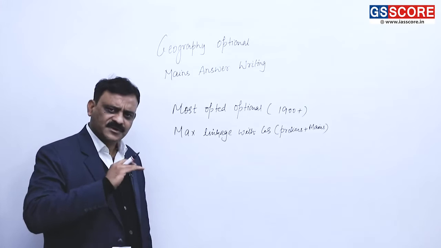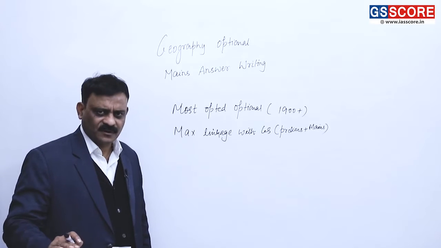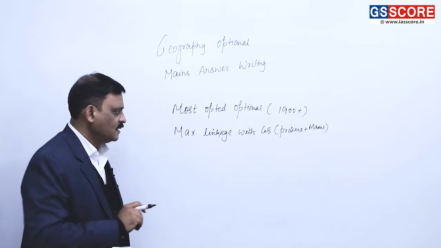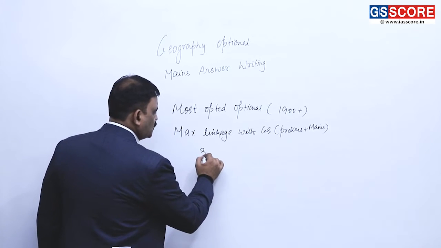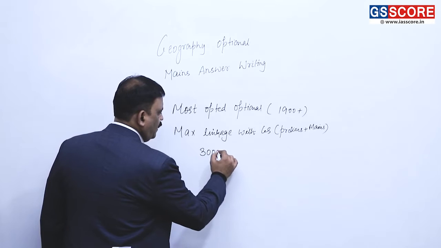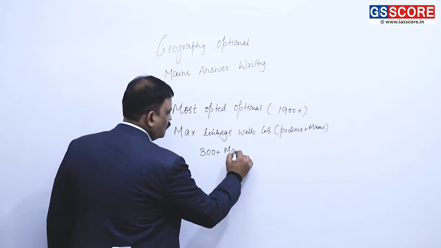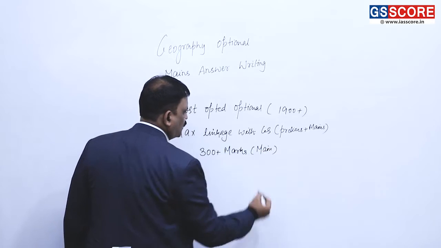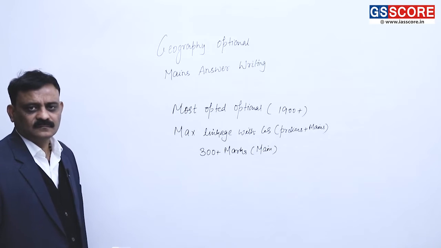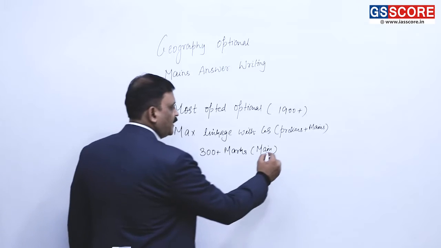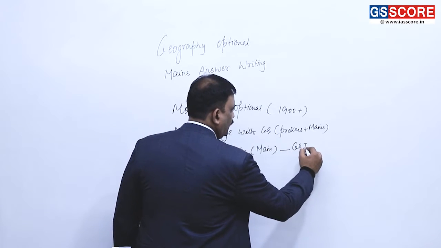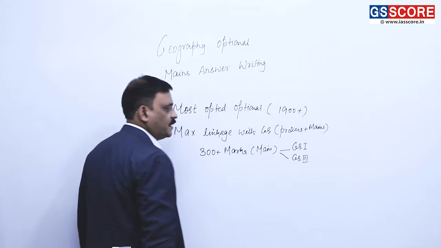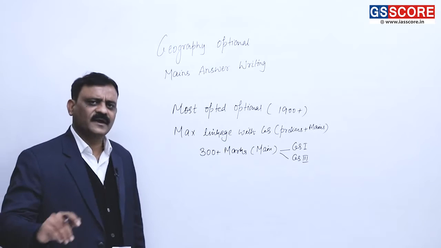Now, if I exclude the peripheral areas of geography and take only the core aspects of your general studies, you will find that more than 300 marks of questions in your mains examination are related to geography, especially in GS1 and GS2. Sorry, in GS3 as well, most of the questions.